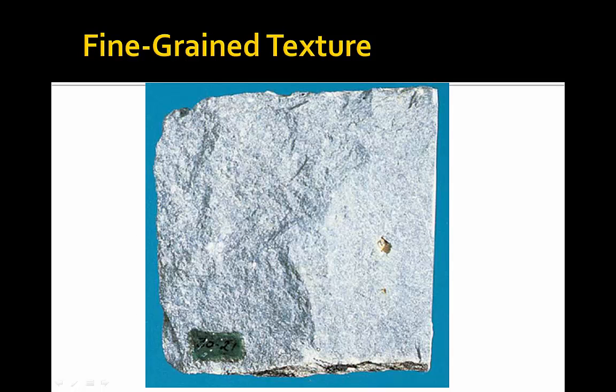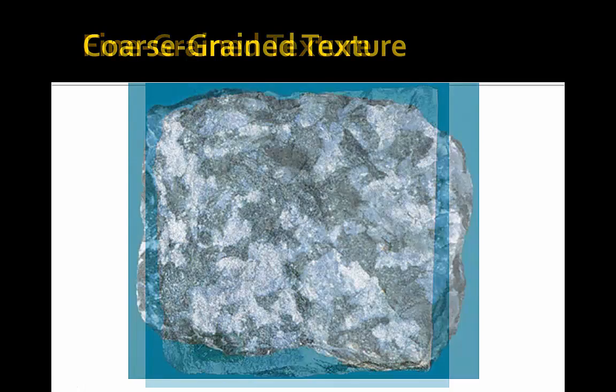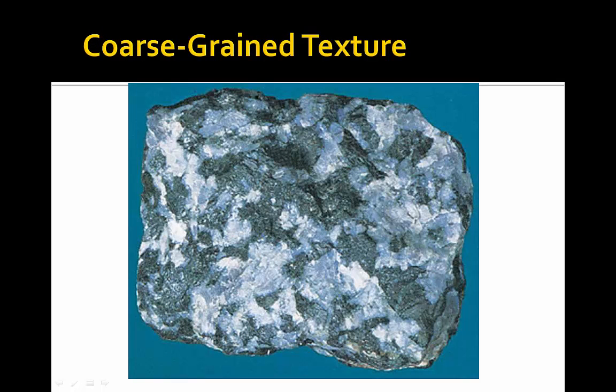So the texture of igneous rocks simply refers to how big are the crystals. If the crystals are too small to see with the naked eye, they're called fine grain. If you can see all the crystals clearly with the naked eye, the rock is considered to have a coarse grain texture.